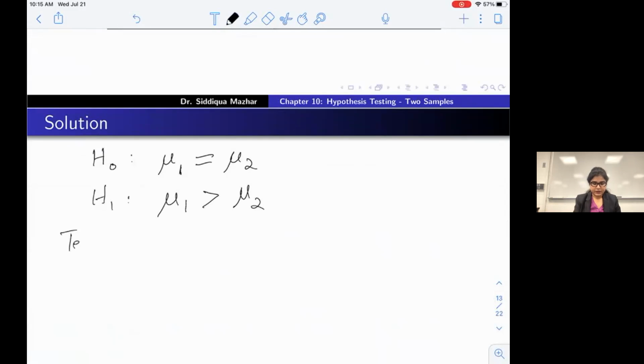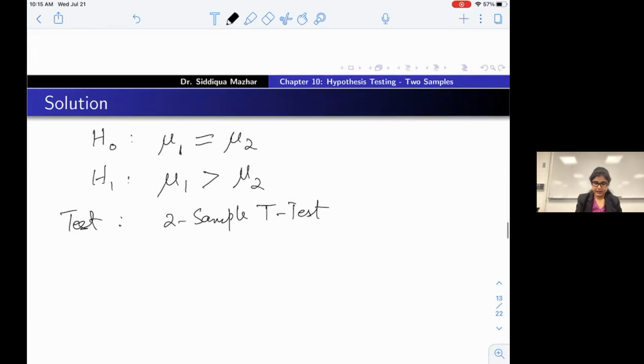Now, which test are we going to use? The test is the two sample t-test, because I do not have any information about the population standard deviation for both groups. Now I'm interested in the value of p. So again, go to stat, press test.